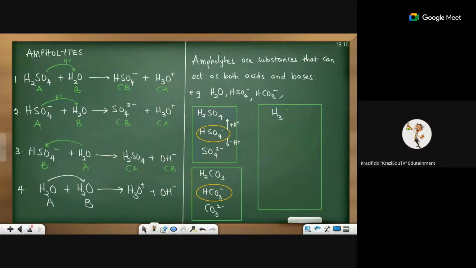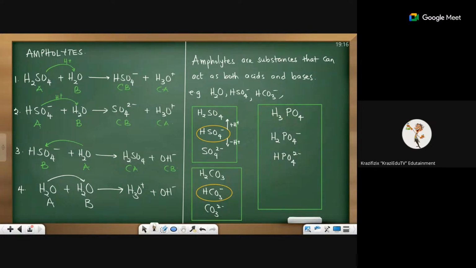Okay, let's look at this. H3PO4. How many protons will it lose? 3. But can we do it step by step? What's the first one? H2PO4 minus. Can we go down again by losing the next one? What would it be? HPO4, now it's minus 1. Let's subtract 1 again. Becomes what? 2 minus.